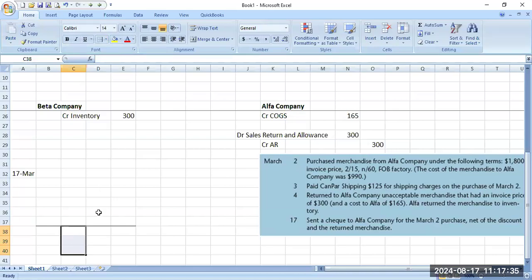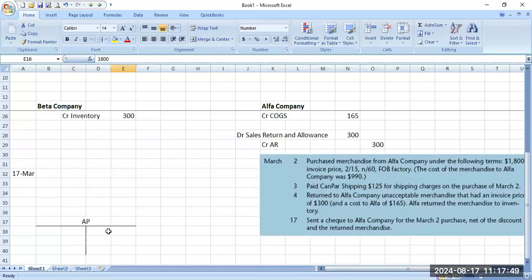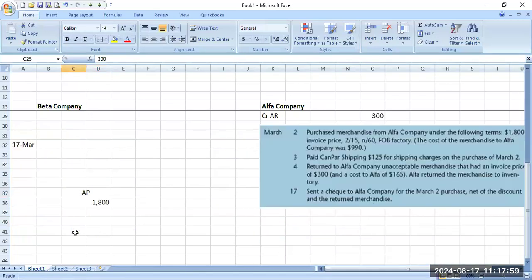First, we need to pay $1,800, correct? But then we have a return for $300. So in total, we need to pay $1,500, correct?